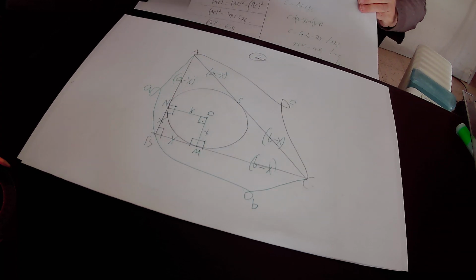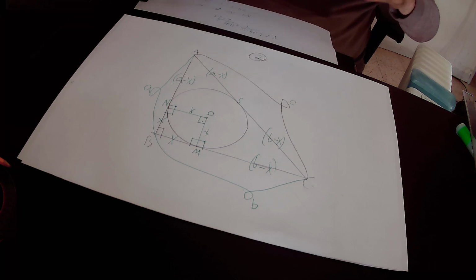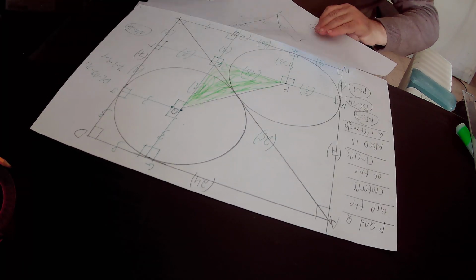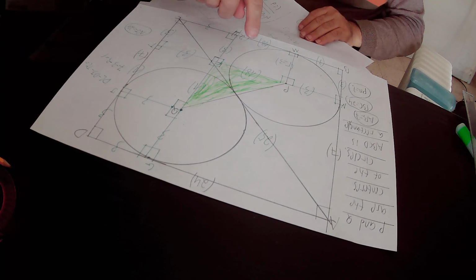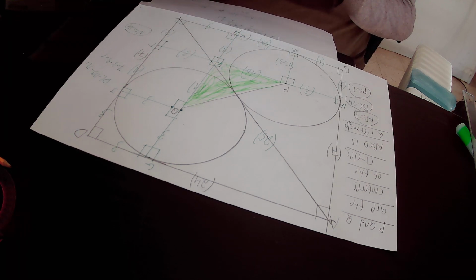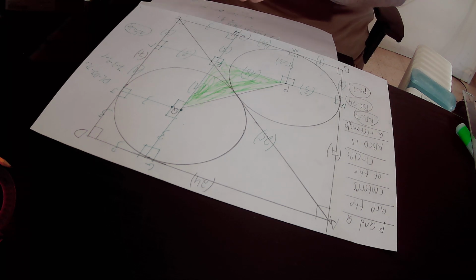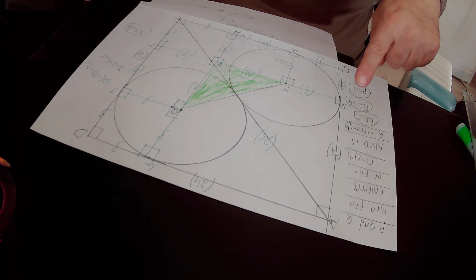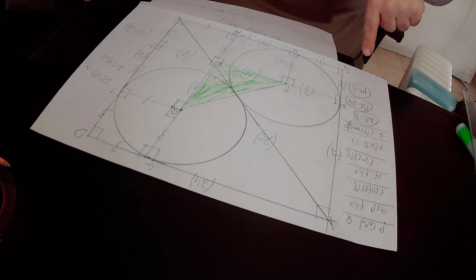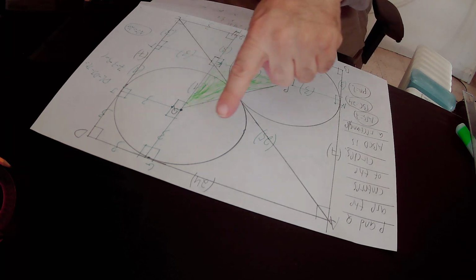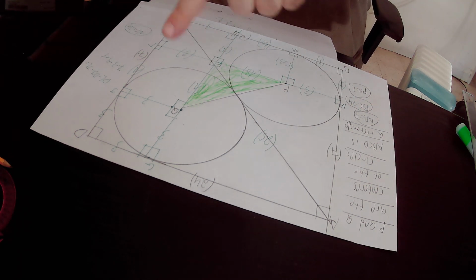We can use this formula in order to find out the radii of those two circles, because those two circles are both blocked by a right triangle. This circle is blocked by the right triangle ABC, and this circle is also blocked by the right triangle CDA.